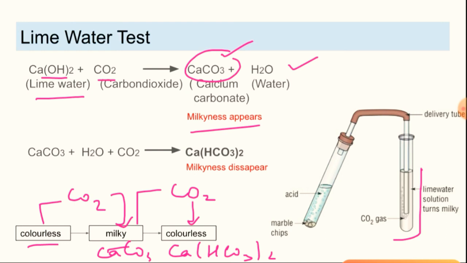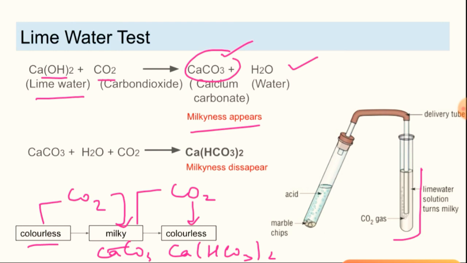So what actually happened is that lime water, when reacted with carbon dioxide, formed calcium carbonate, which gives the milkiness to the solution. Now when all the lime water has reacted with the carbon dioxide, only calcium carbonate and water are left in the test tube.